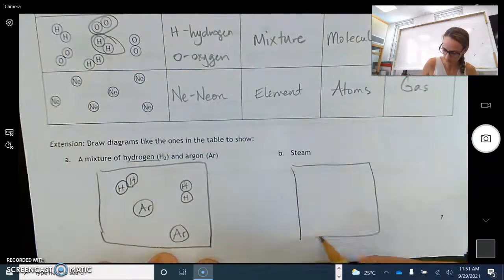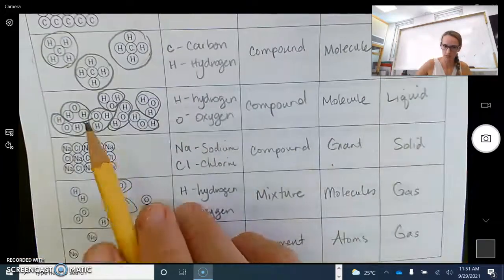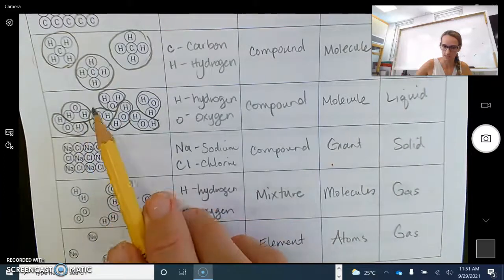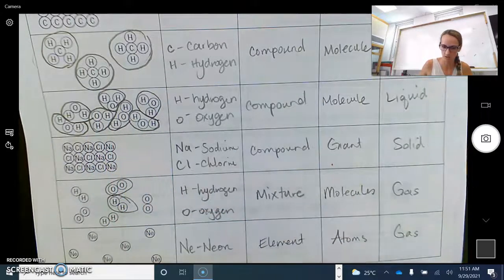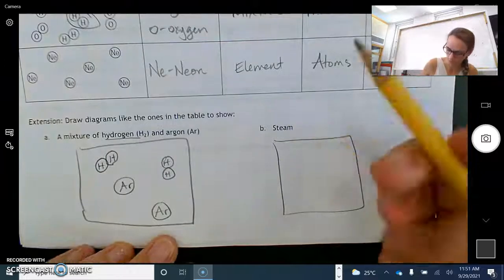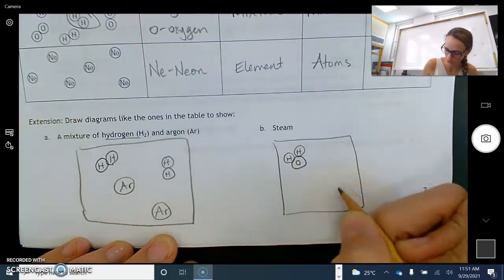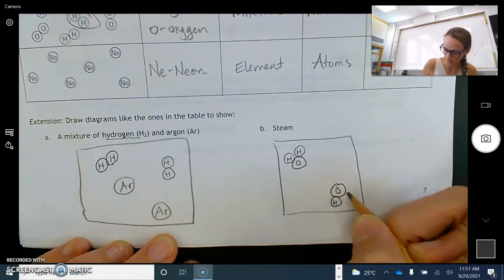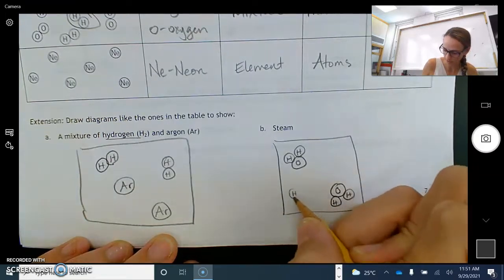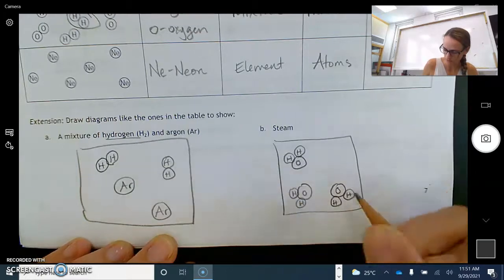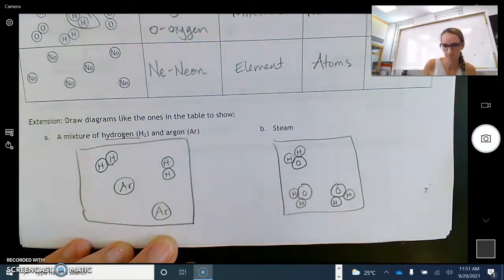Steam should look very similar to your water picture, except instead of being all right next to each other, put the water molecules spread out. I love water molecules. They look like little Mickey Mouses. O with 2 little H's.